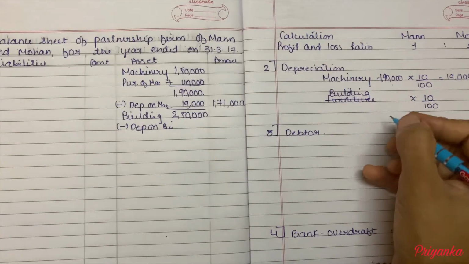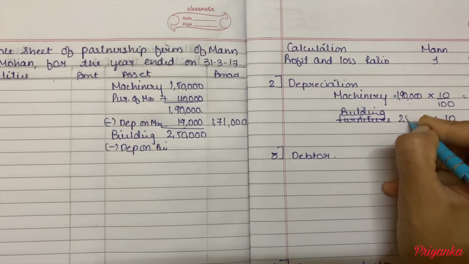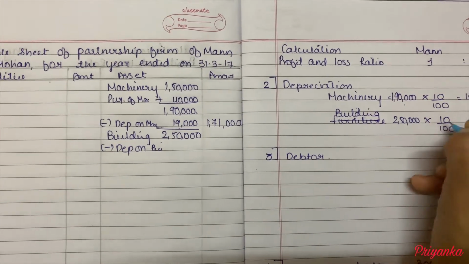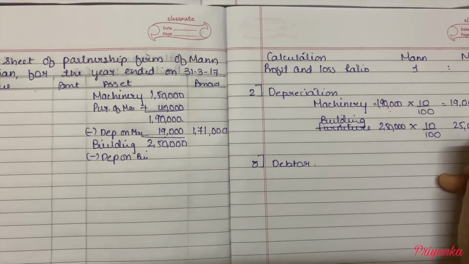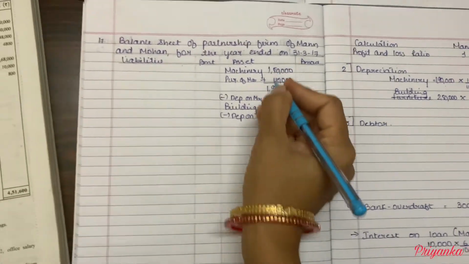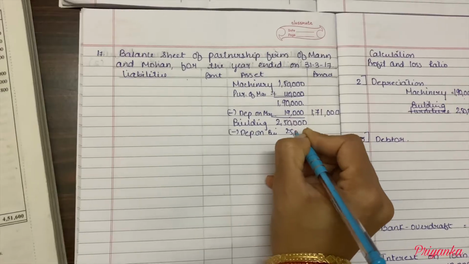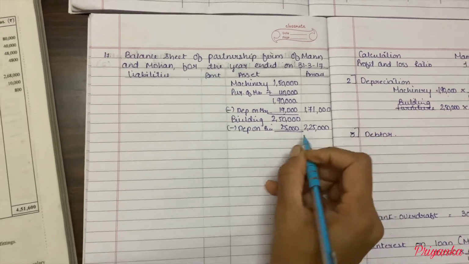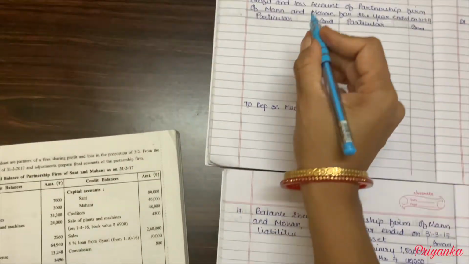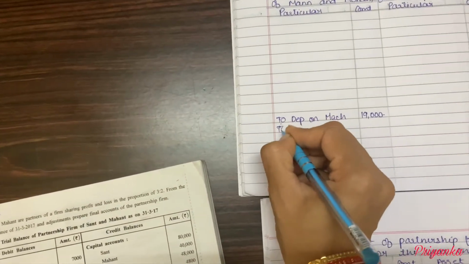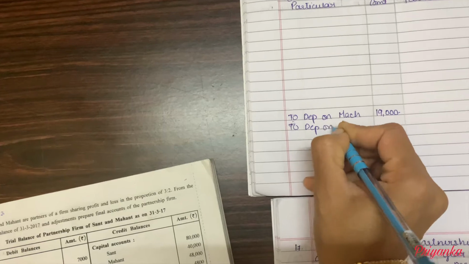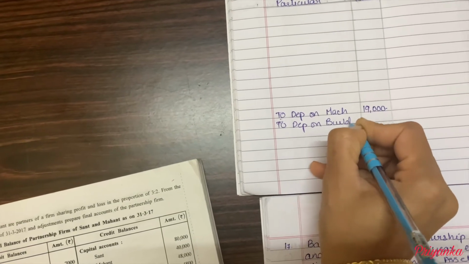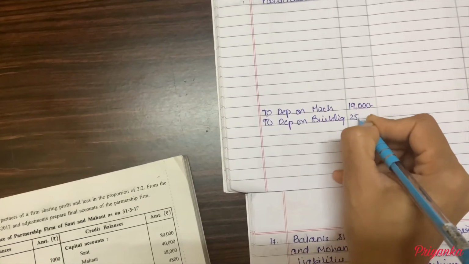Let's take a calculation out. 2,50,000. If we remove 10% of 2,50,000, we get 25,000. Get minus 25,000 from the building and take the amount outside 2,25,000. The minus amount of depreciation will be taken to the profit and loss debit side. Depreciation on building, that is 25,000.